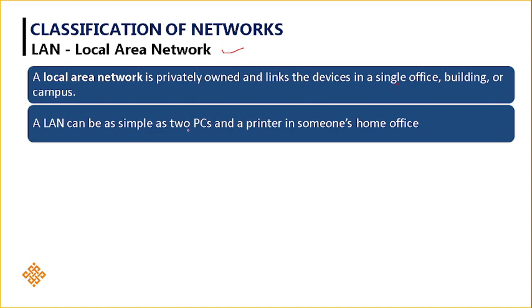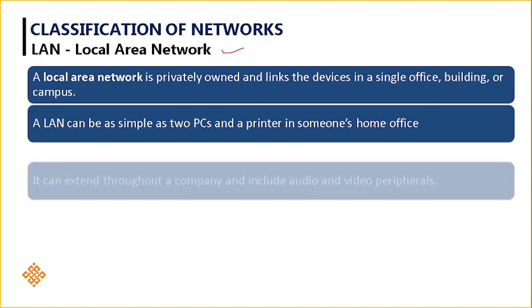A LAN can be as simple as 2 computers and a printer in someone's home office. It may be a home or an office where they are sharing a single printer with multiple systems. All those come under the local area network.